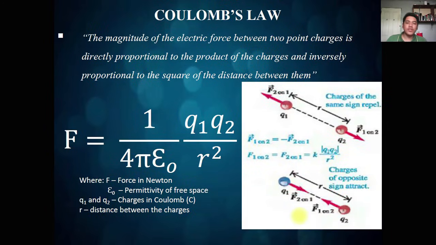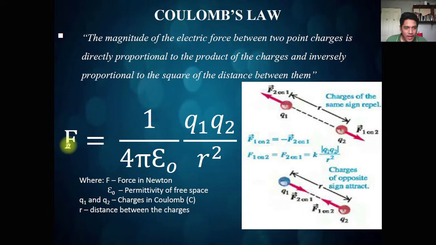Coulomb's law states that the magnitude of the electric force between two point charges is directly proportional to the product of the charges Q1 and Q2, and inversely proportional to the square of the distance between them.